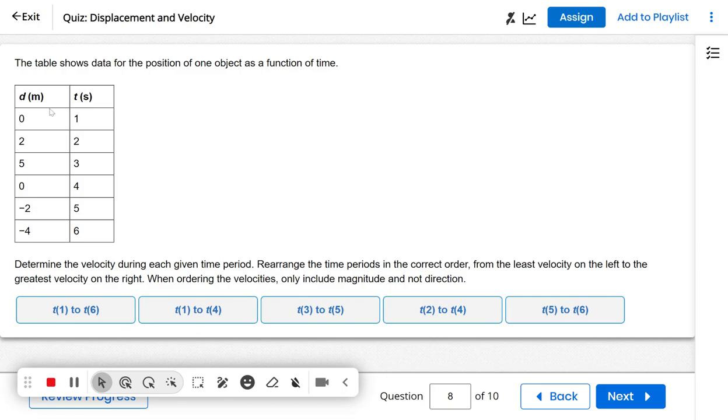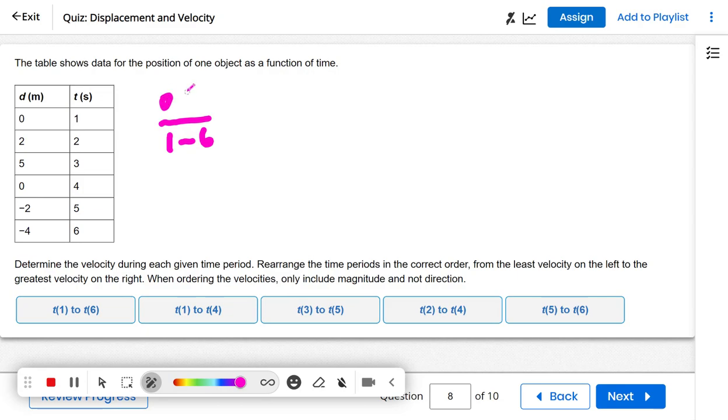Right here, we want the velocity. We have meters versus time. That means we're finding the slope. 1 through 6. So at time is 1, with the 1 we have the 0. With the 6 we have the -4.